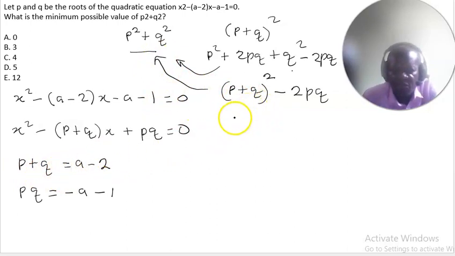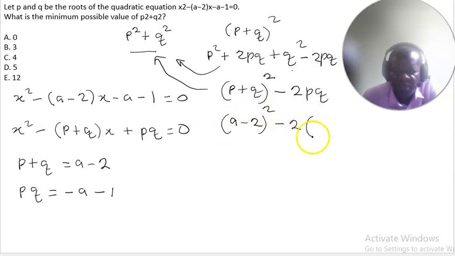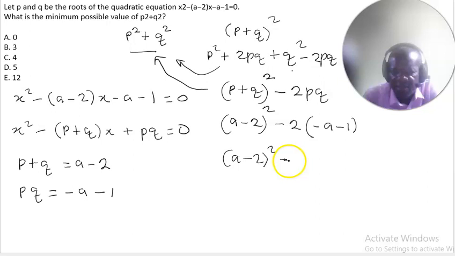So let us substitute the values we have here and see where that leads us. P plus Q is a minus 2, so (P plus Q) squared is (a minus 2) squared. Then minus 2, we have 2 here, then PQ is minus a minus 1. So this gives us (a minus 2) squared minus 2 times (minus a minus 1), that is, we open the bracket now, plus 2a plus 2. So let's open this bracket.